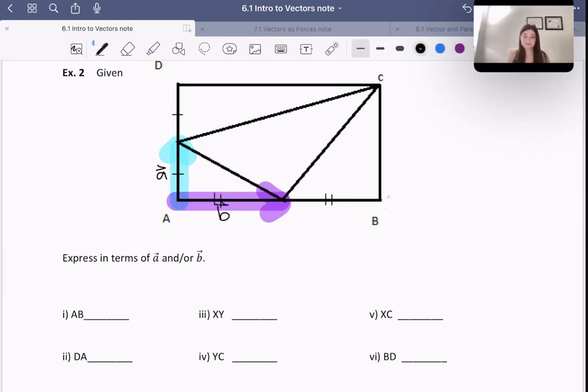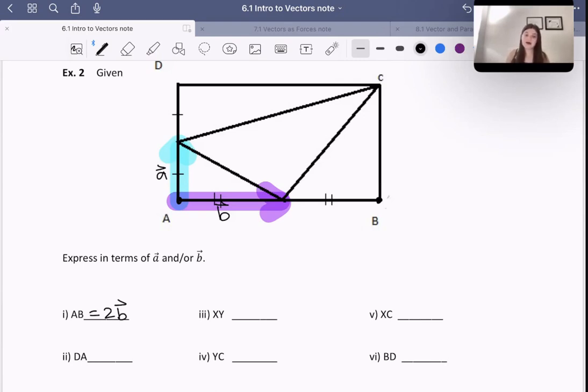Okay? All right. So let's look at what is AB, right? All the way from this point here to this point over here. Well, it looks like we have to do vector B twice, right? We have to do vector B twice. So I'm going to say this is 2 of vector B, right?